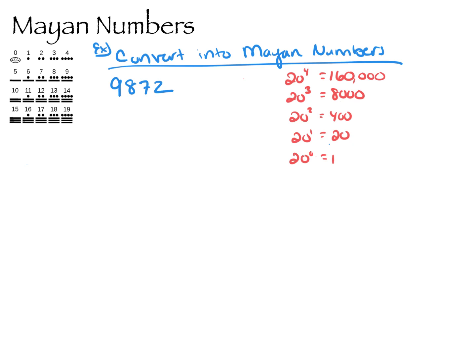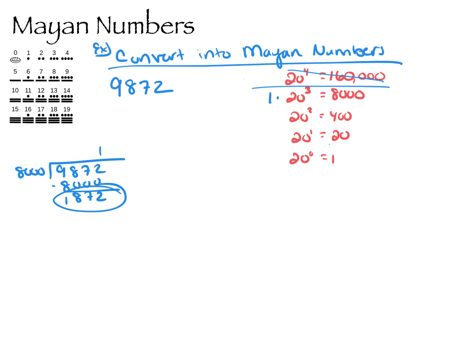Okay, so here we go. Let's start with 8,000 divided into 9,872, and that only goes in one time. That's good. So that leaves us with 1,872 as our remainder. So there is 1 20 to the 3rd. Now we'll go to the 400.